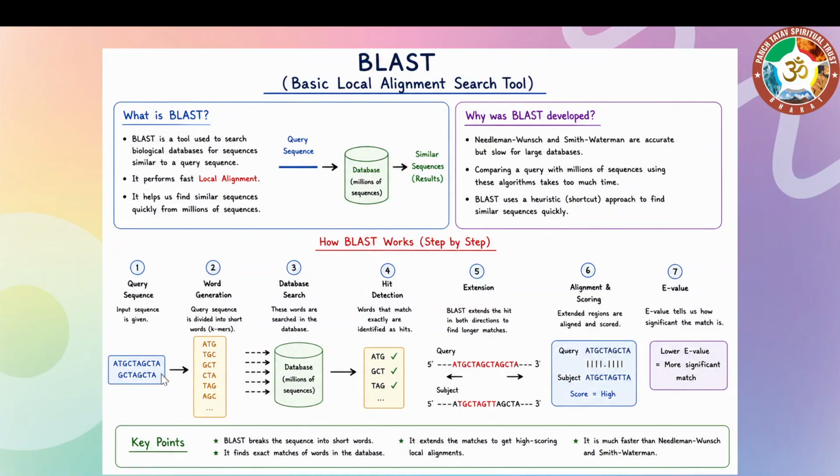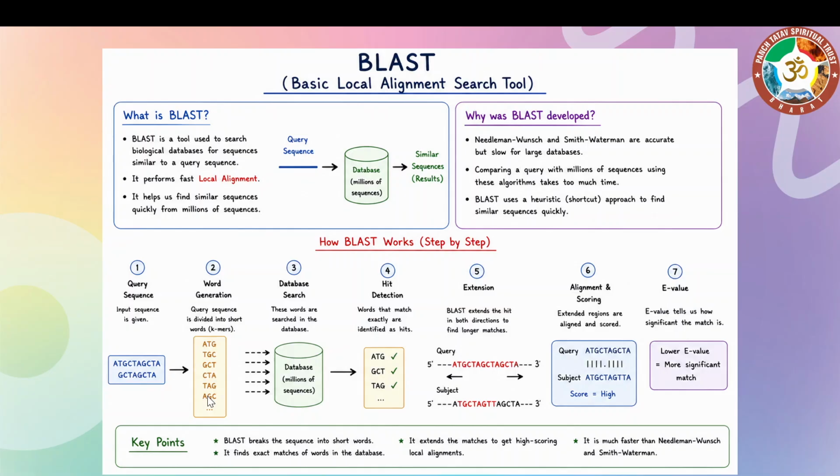So BLAST breaks our sequence into these small words, and then it searches the database for these words. The important thing to understand here is that BLAST does not align everything from the beginning. Just as we said, BLAST uses a shortcut, and this is the shortcut.